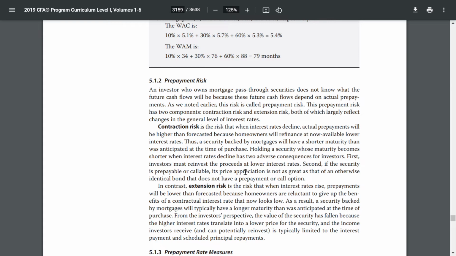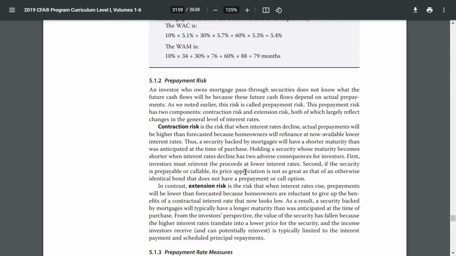The prepayment risk has two components: contraction risk and extension risk, both of which largely reflect changes in the general level of interest rates. Contraction risk is the risk that when interest rates decline, actual prepayments will be higher than forecasted, because homeowners will refinance at the now available lower interest rates. Thus, a security backed by mortgages will have a shorter maturity than was anticipated at the time of purchase.